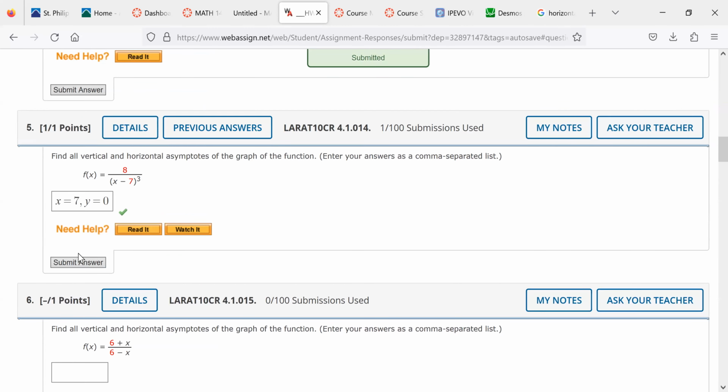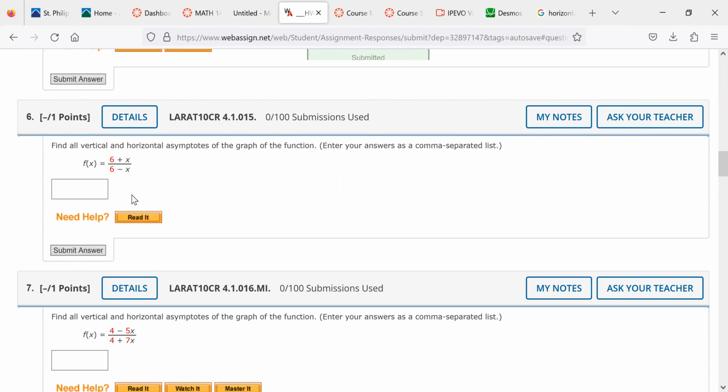Okay, so 4 and 5 are the same kind of question. Check out 6 though. What is the degree of the top and bottom here? Yeah, degree of the numerator is 1, degree of the denominator is also 1. The highest power is x to the first.